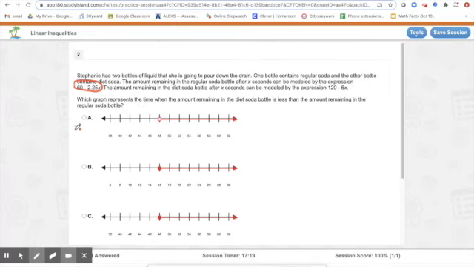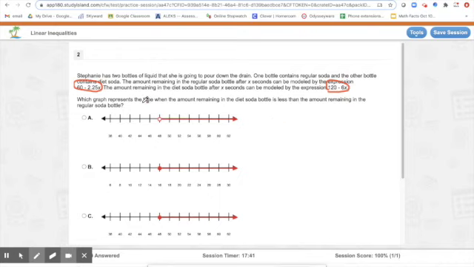That means she's starting with 60 ounces in that bottle, and then she's losing 2.25 ounces after every second. The diet soda is starting with 120 ounces, and she's losing 6 ounces every second.